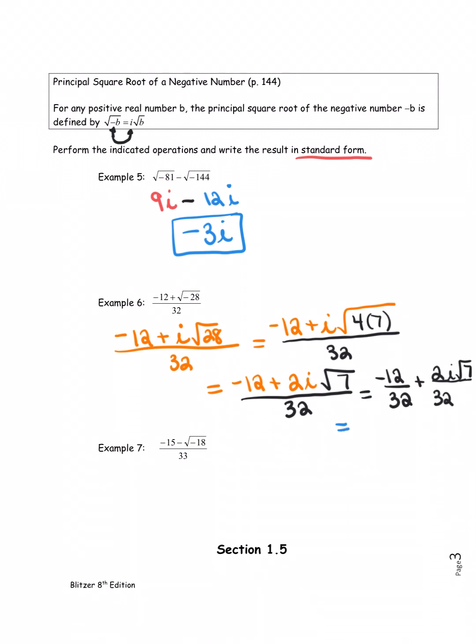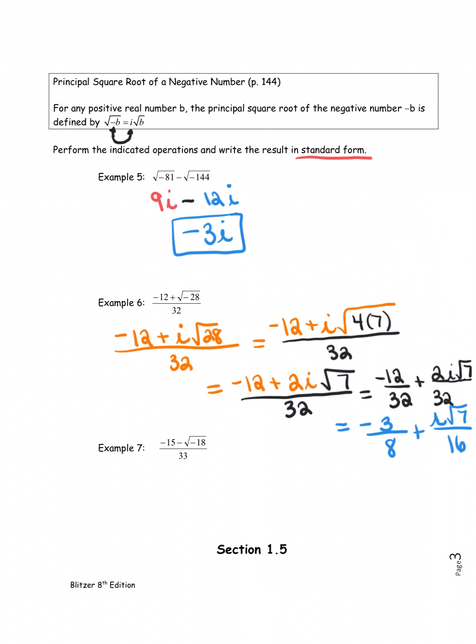You could divide negative 12 and 32 by 4, so it gives me negative 3 over 8, plus on the other one we can divide by 2, so that gives me 1i square root of 7 over 16. So I said 1i, or just simply i square root of 7 over 16.